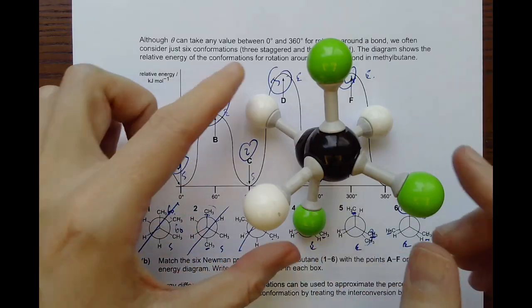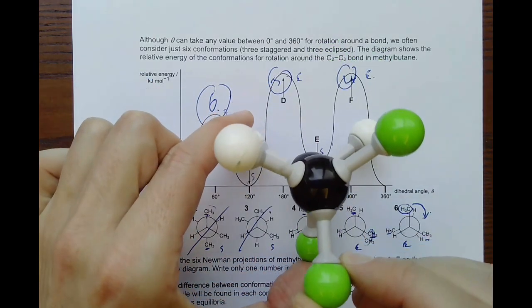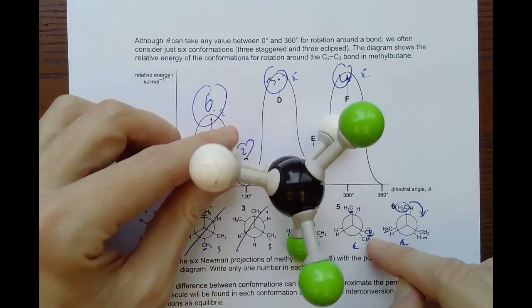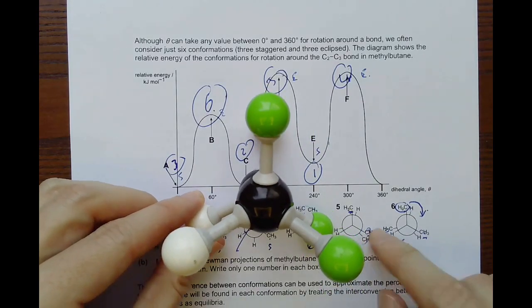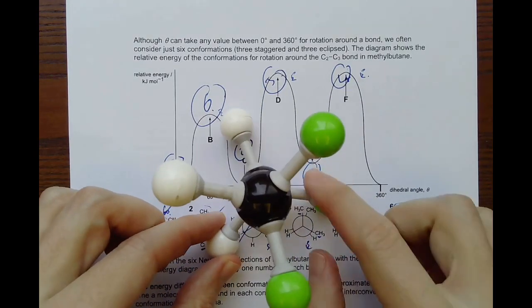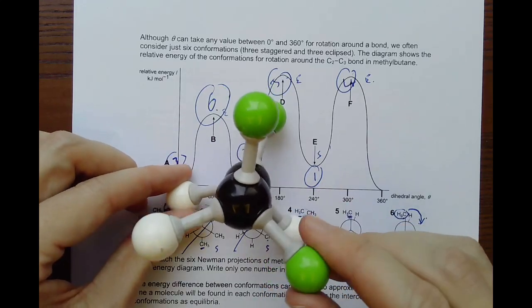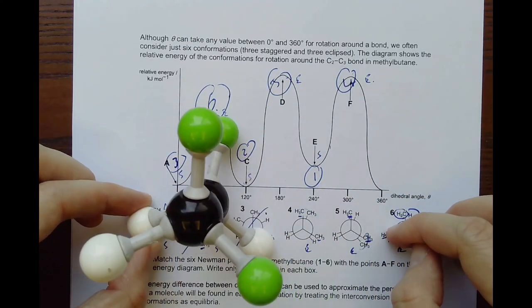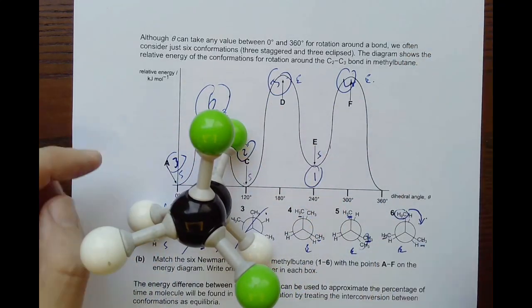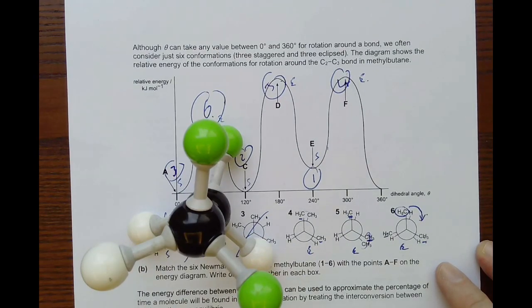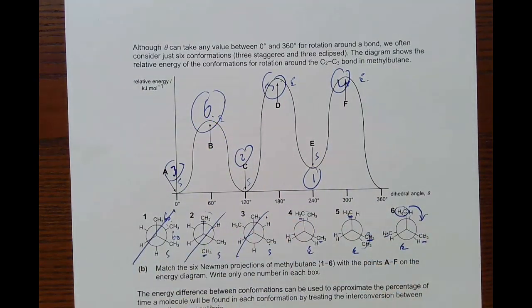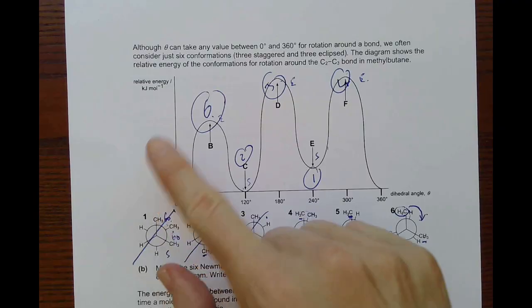If I rotate it another 60 degrees, I said that was going to be number 5, and you can see that matches up with number 5. I rotated it another 60 degrees, and I said that was number 1, and you can see that is number 1. Rotate it another 60 degrees, and I get number 4, and you can see now it's my left methyl in inverted commas.